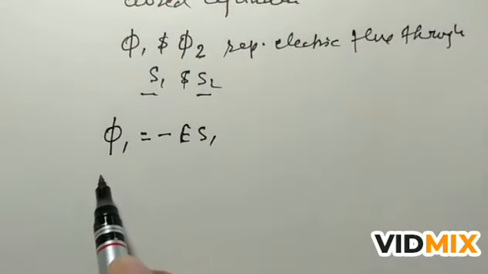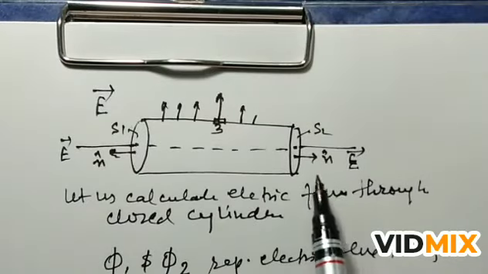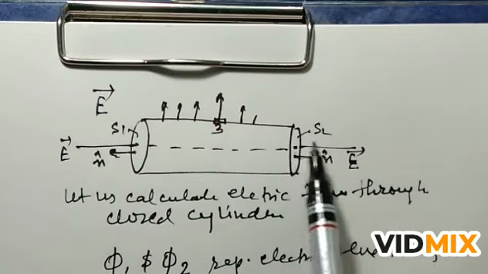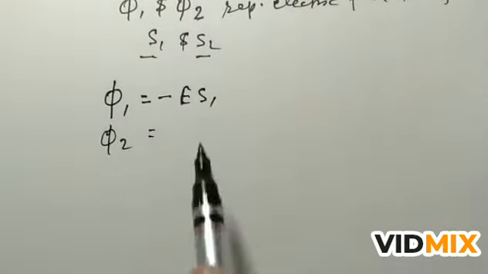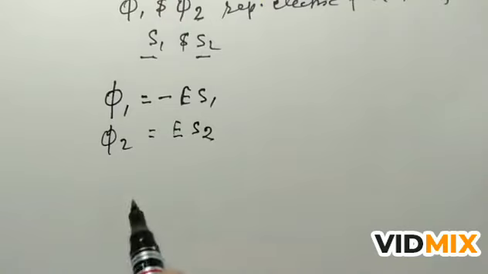Now phi 2, what is phi 2? The area is outside and the electric field is also in the direction of the area vector, so the angle between them is 0 and cos 0 is 1. So the flux is E S2.